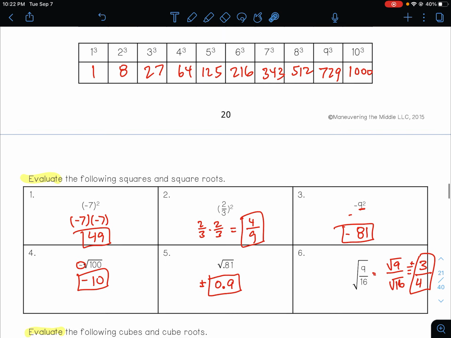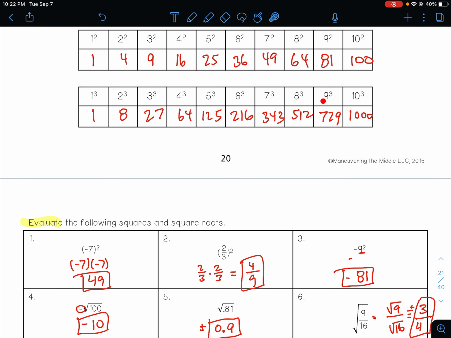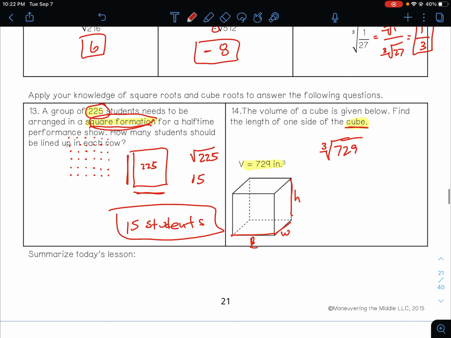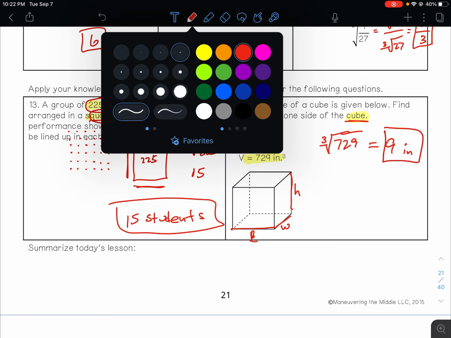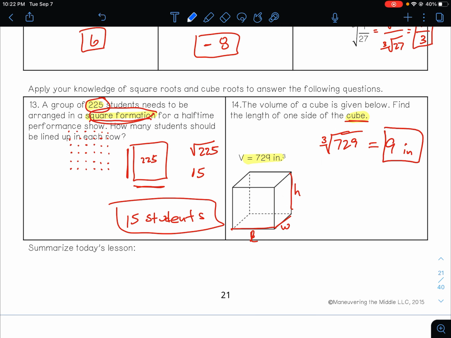I don't remember what it is. Let's take a look. Oh, there it is, 729. It's 9 to the third. So that answer is 9. And 9 what? 9 inches, I believe. And you can even check to make sure, like, hey, if the length was 9 and the width was 9 and the height was 9, 9 times 9 is 81, and 81 times 9 is, yeah, 729. So that's how you do it.